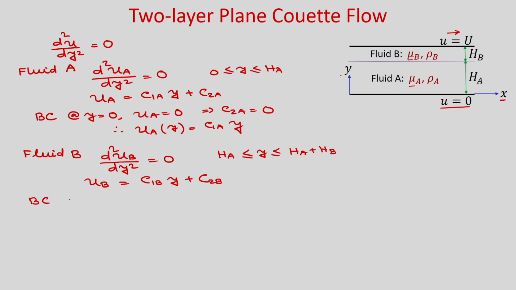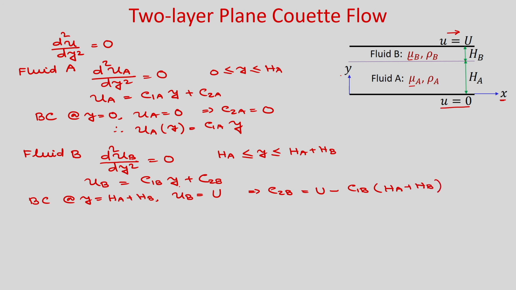Now, we will apply the boundary condition at y is equal to h A plus h B, u B is equal to u. So, that will give C2 B is equal to u minus C1 B times h A plus h B. Okay.